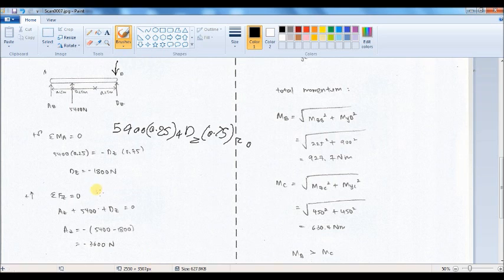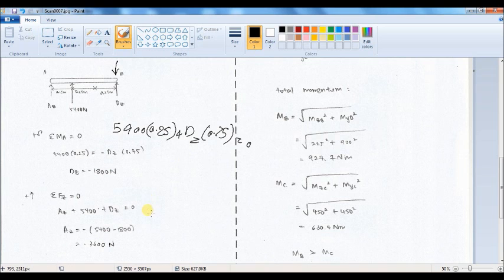Okay, later we can write again sigma Fz, the equilibrium equation in z direction, should be equal to 0. So Az, the reaction load at location A in z direction, plus 5,400, and plus dz, which is negative 1,800, right?